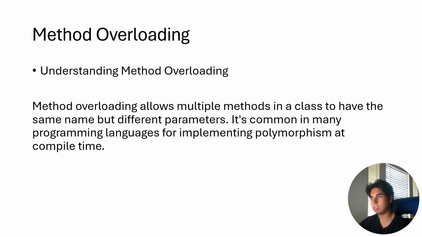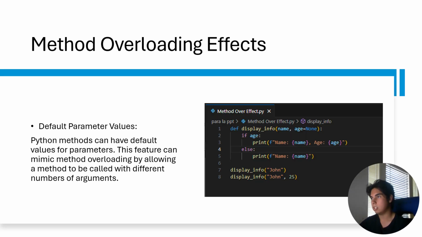There's a method here, method overloading. Method overloading allows multiple methods in a class to have the same name but different parameters. It's common in many programming languages for implementing polymorphism at compile time. Makes the response from your code faster, basically.